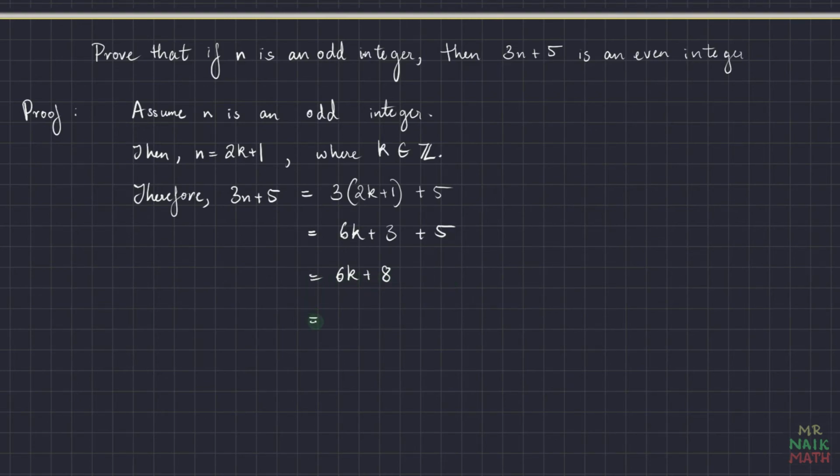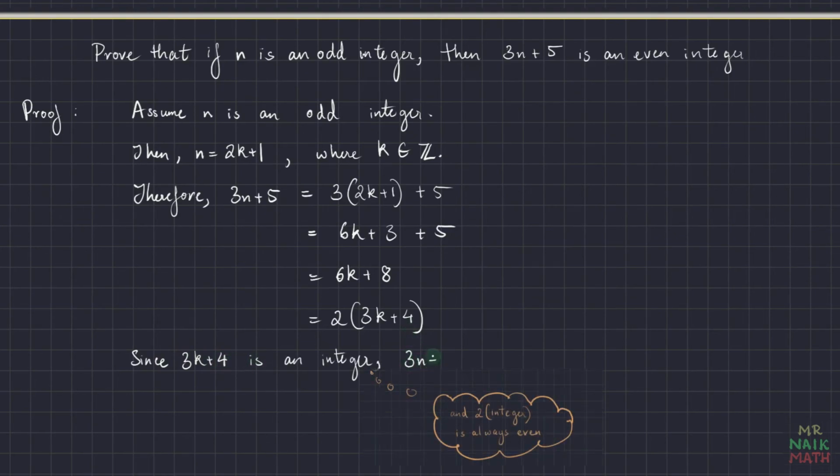So let's factor out a 2 from 6k plus 8, and we get 2 times (3k plus 4). Now remember that k is an integer. So if k is an integer, 3 times some integer plus 4 would also be an integer. And so we can say since 3k plus 4 is an integer, 3n plus 5 is an even integer. And this completes our proof.